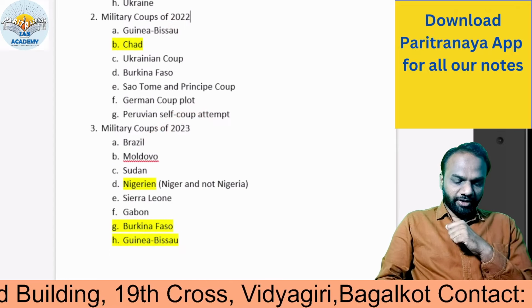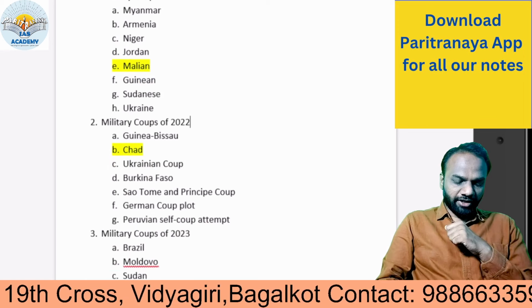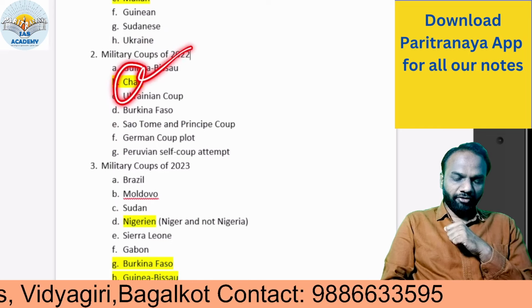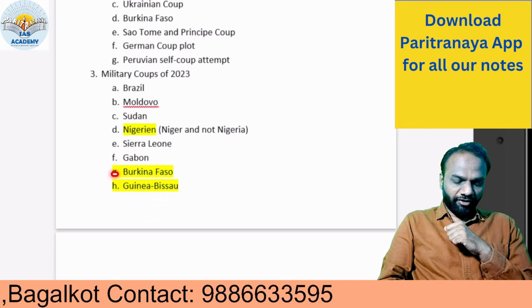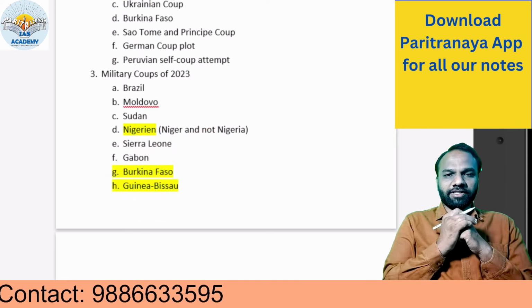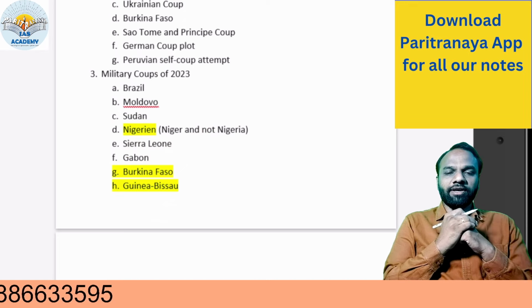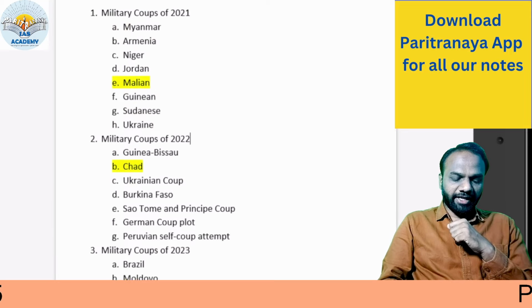If you look at the countries of the Sahel region, Mali, Chad, Nigeria, Burkina Faso, and Guinea are countries of the Sahel region. And these countries have faced military coups, and that is why the security situation has deteriorated.